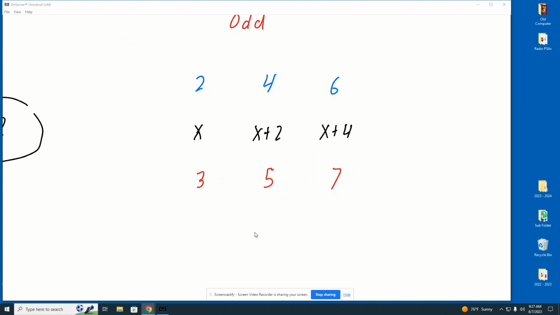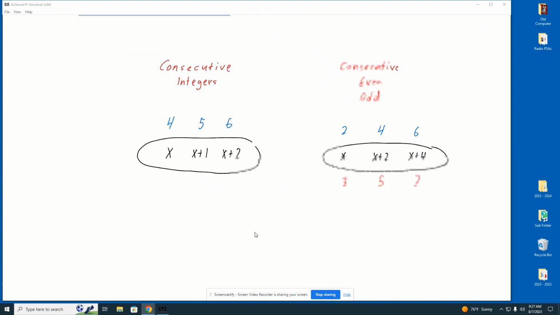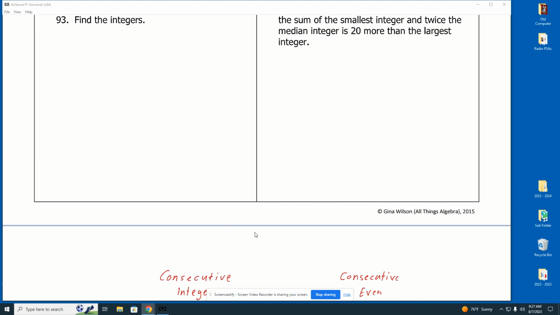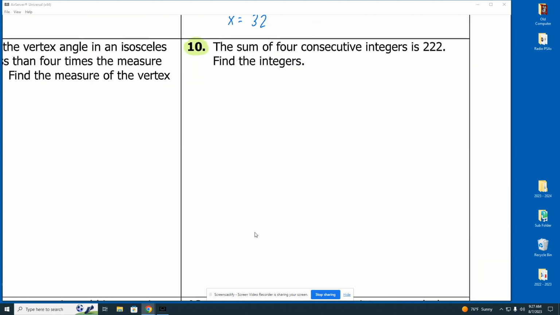But to get from 1 even to the next even, or 1 odd to the next odd, you're going up 2. So this is what we use for consecutive even or consecutive odd. Okay? Pretty simple concept. But it's one that I don't think you guys have probably seen yet. So we can solve any of these last 3 problems really without any trouble if you understand this.